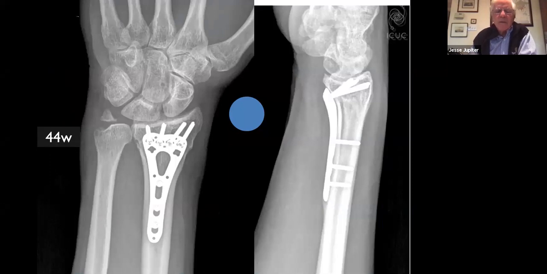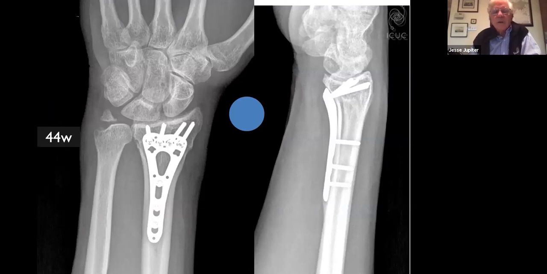Probably not, because I don't think in a standard distal radius fracture that these are complete scapholunate ligament ruptures. The ones that are complete ligament ruptures are usually a type of perilunate injury.